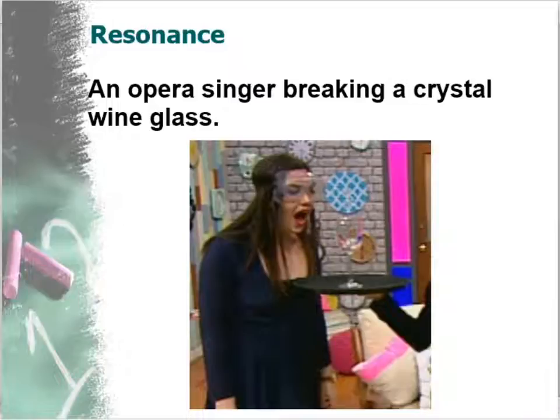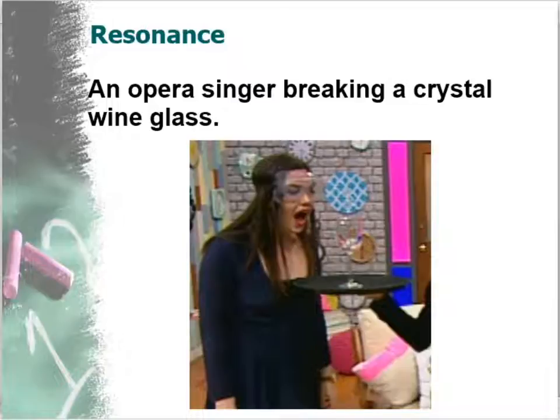When she finds that frequency, it causes the wine glass to go into resonance, so it vibrates at a very large amplitude, and eventually the crystal can't handle that and it shatters. So that's an example of resonance causing something to break apart.